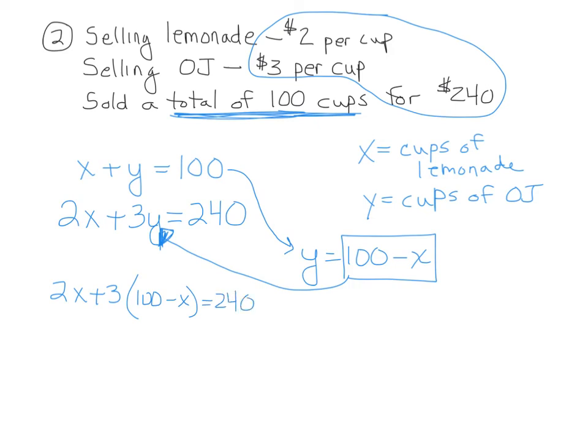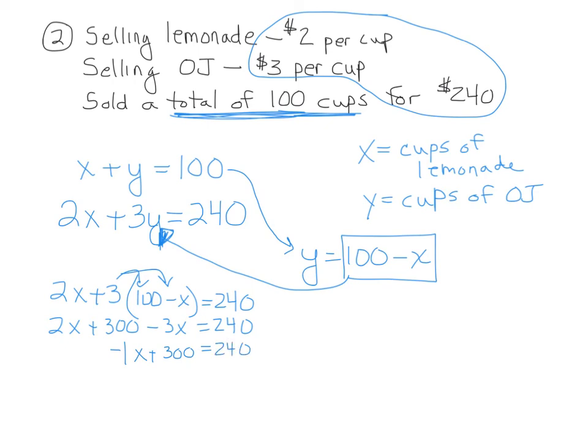Now solve. You're going to have to distribute. So 2x plus 300 minus 3x equals 240. Add your like terms. 2x take away 3x, that's negative 1x, plus 300 equals 240.